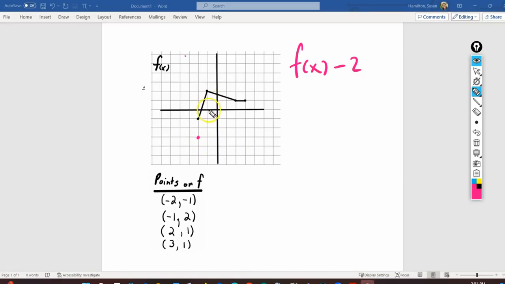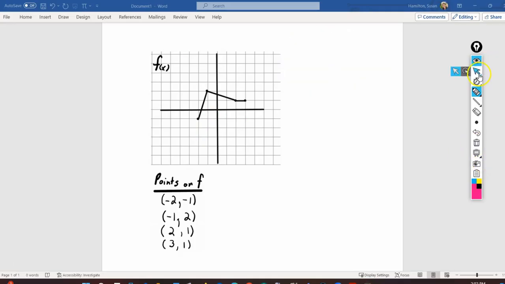This one, shift down 2 units, and then connect as you go. This one, shift down 2 units, and connect as you go. And that one, shift down 2 units, and connect. So what I've drawn in red there is the graph of f of x minus 2.